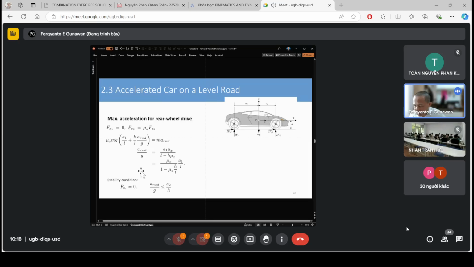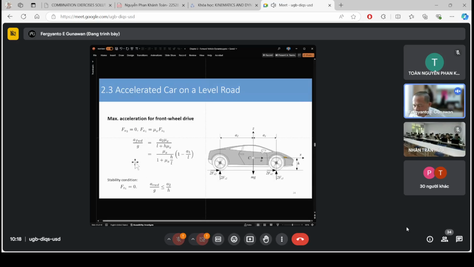And this one is the maximum acceleration for the rear wheel drive. You should check again the stability condition, that the acceleration should not exceed this. And the maximum acceleration for the front wheel similarly should not exceed these stability conditions.